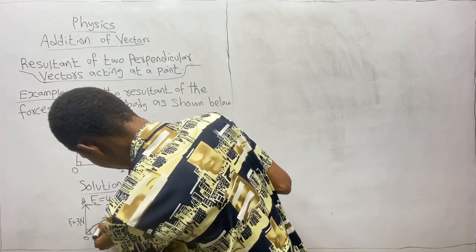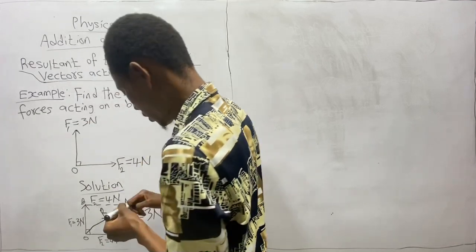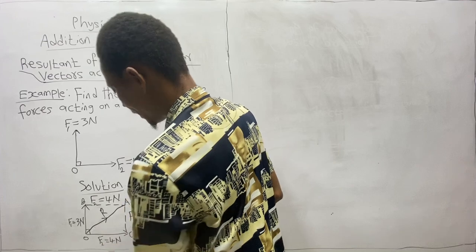So this becomes the resultant vector of these two vectors, F1 and F2.